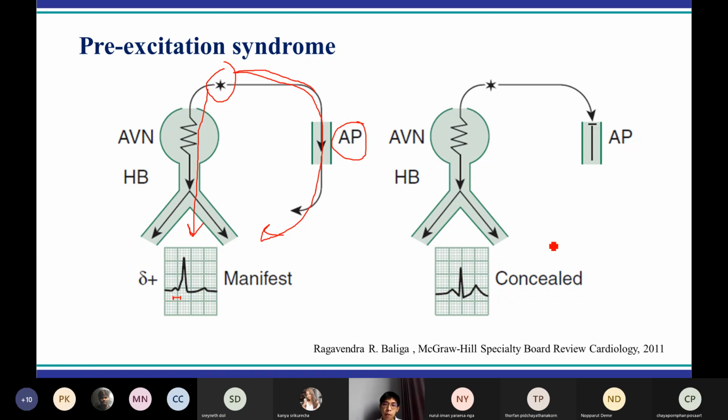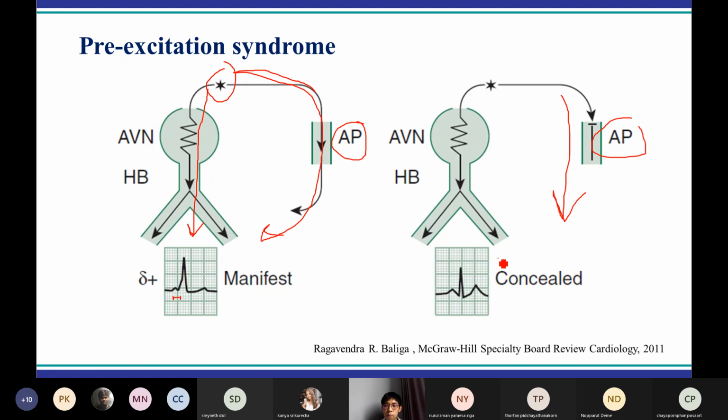In some people, the accessory pathway could not conduct anterograde. They could not conduct down from the atrium to the ventricle. So we could not see the difference between the pre-excitation and the normal ECG.